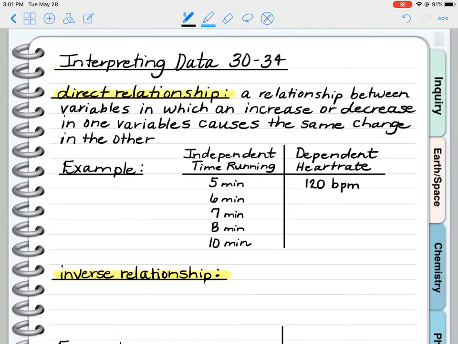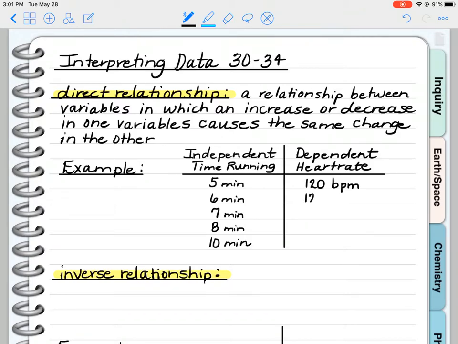So 120 beats per minute is not bad for running. That would suggest to me that a person's pretty healthy to have a low heart rate. If it were 220, I would be concerned about this person's health and would stop running. But 120, it's not too bad.